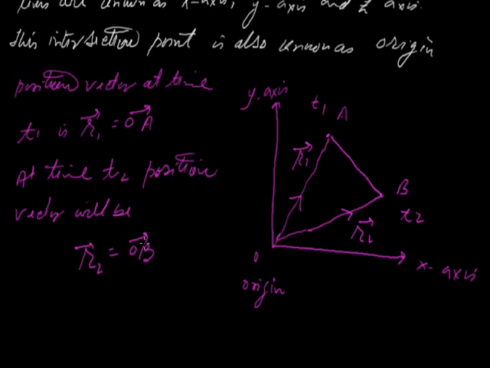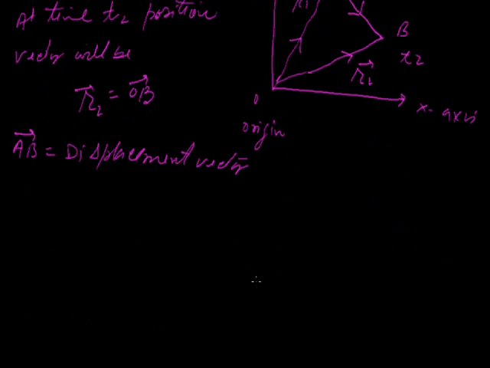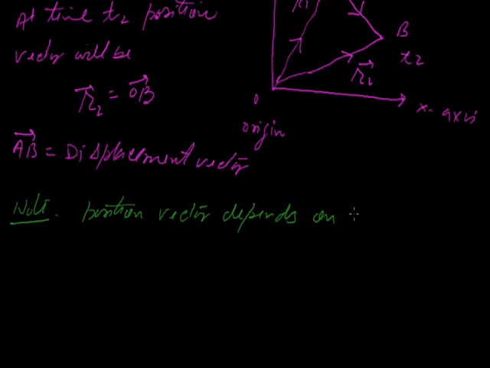Now the object is displaced from A to B, so AB is known as the displacement vector. The main important thing is this: the position vector depends on the origin, because it is the line joining the origin to that point, but the displacement vector does not depend on the origin.